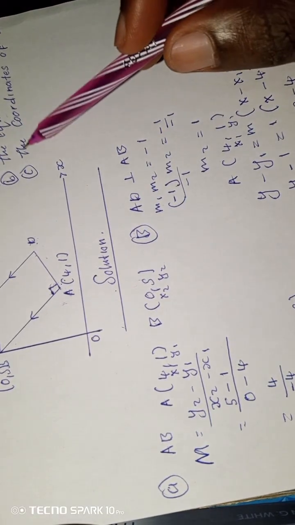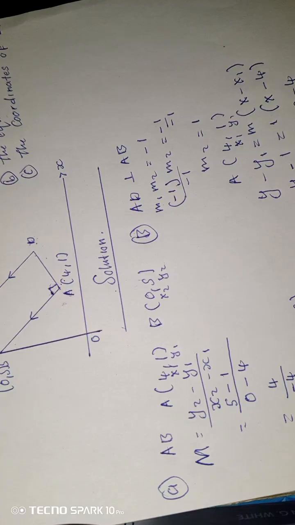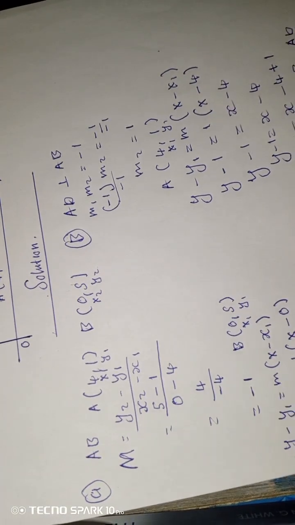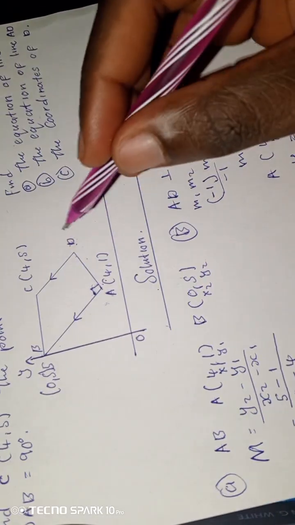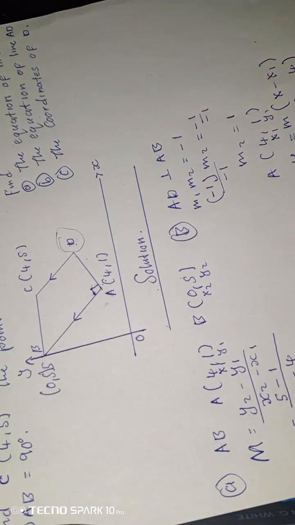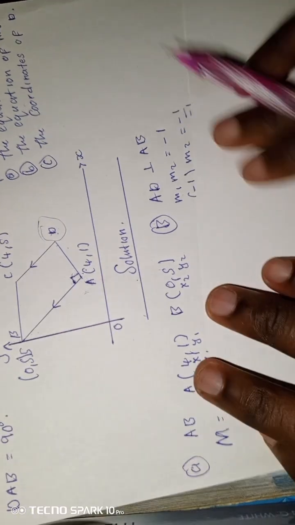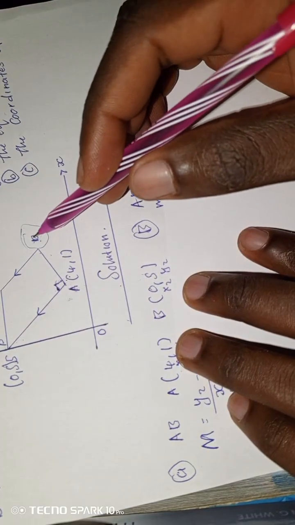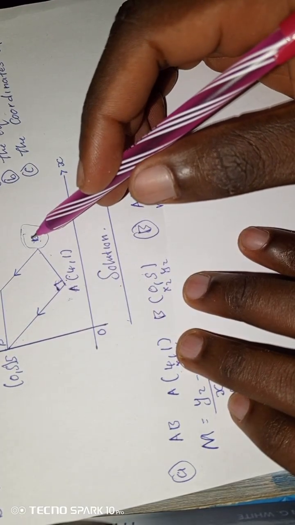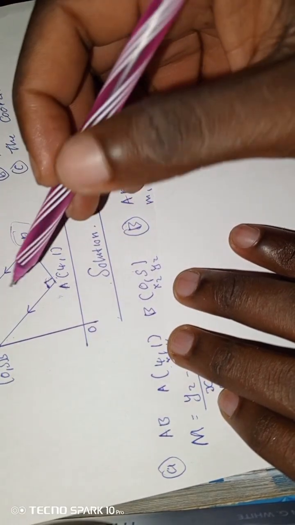So the last one said find the coordinates of D. So now we are looking for the coordinates of D. In order for us to find the coordinates for D, we need to understand something here.